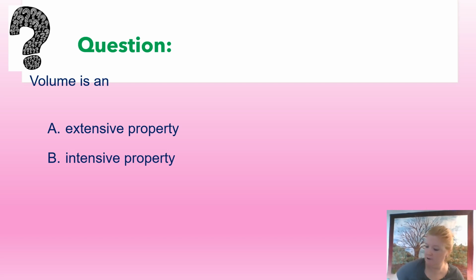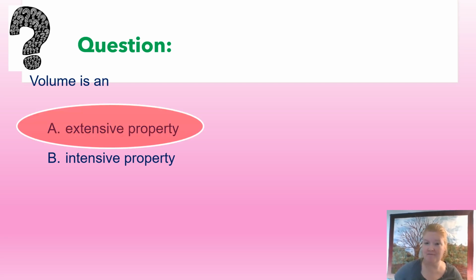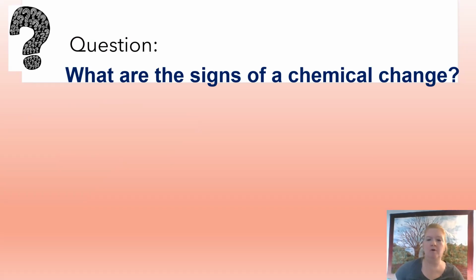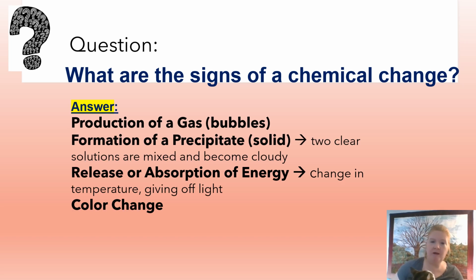Volume is which type of property? Extensive or intensive? Extensive. Okay, it depends on the amount of the substance you have. What are the signs of a chemical change? Remember, there are four main signs of a chemical change. Do you remember them? Right?